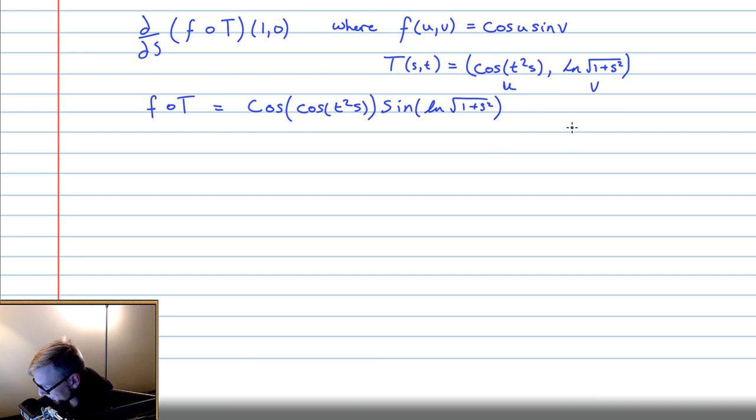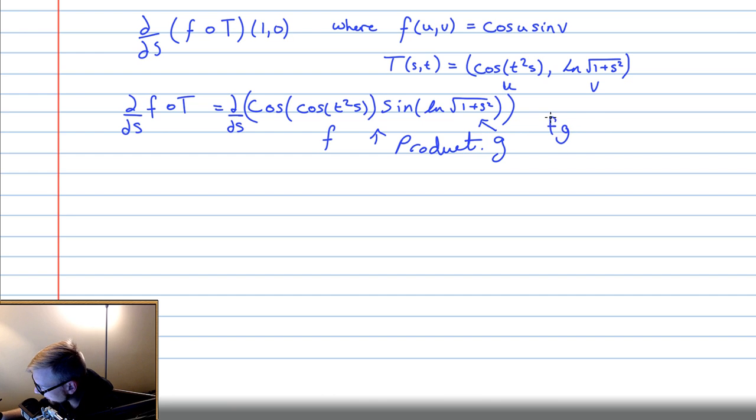Okay. Now we want the partial derivative of this with respect to s. Differentiate with respect to s. Well, first things first, this is a product. This is our f and this is our g.